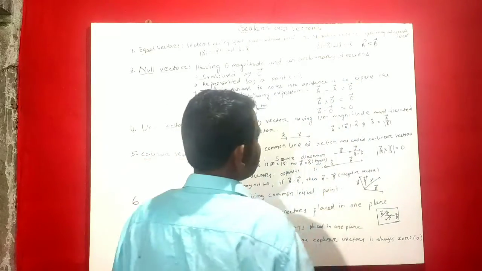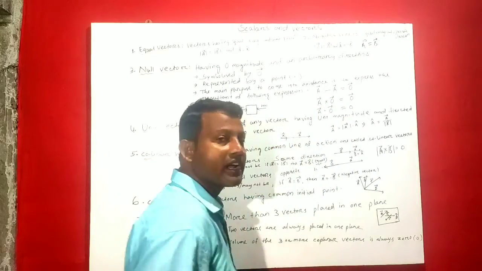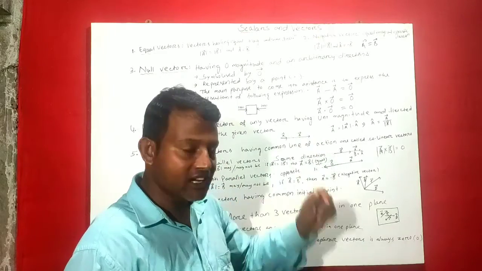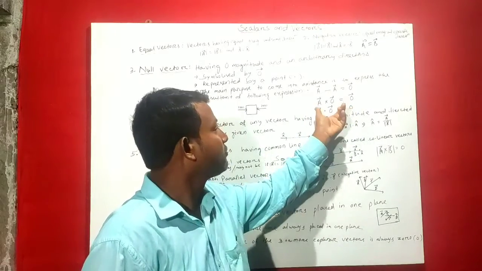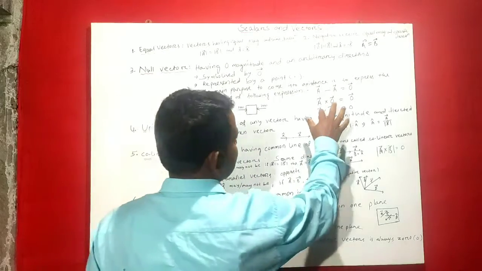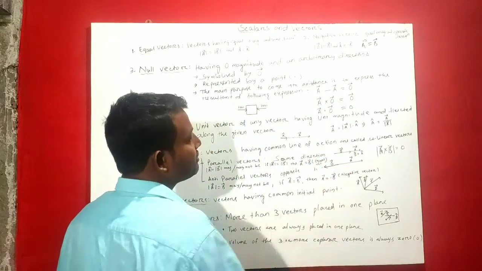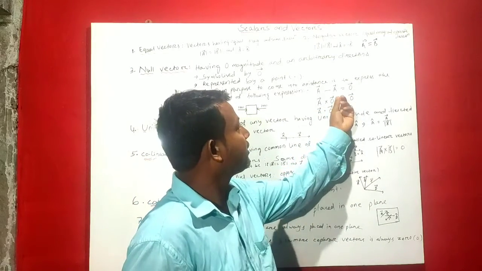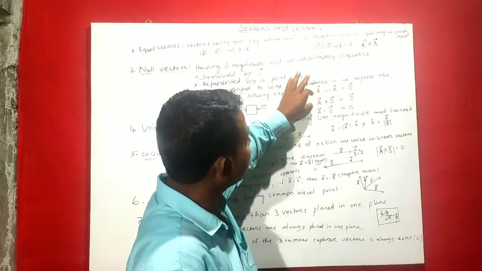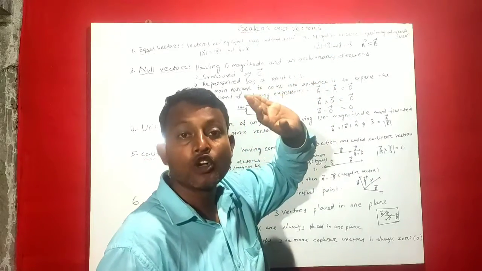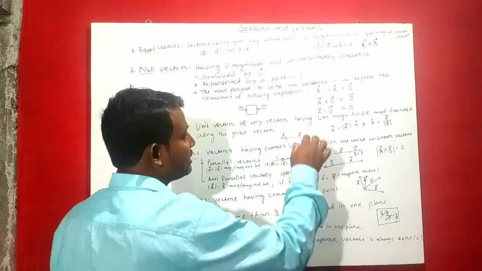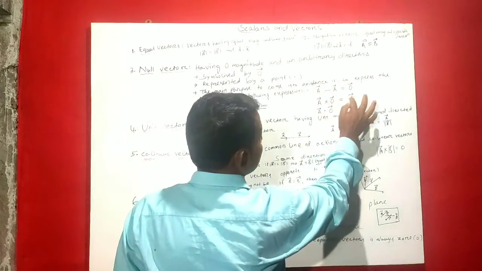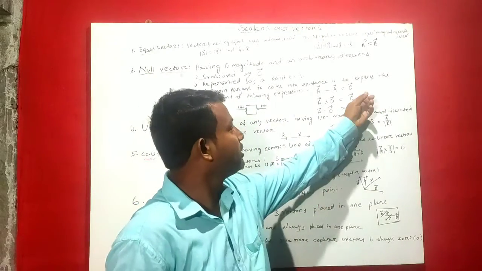In vector multiplication, there are two types of multiplication: cross product or dot product. If we take the cross product of a vector with a null vector, then it will always be the 0 vector.